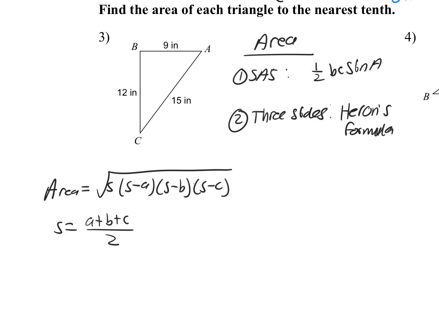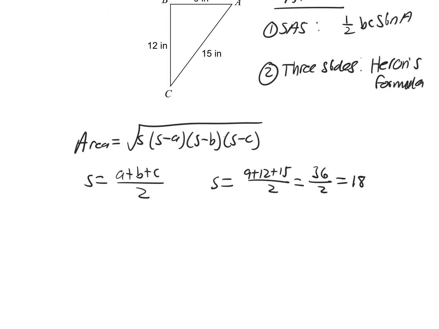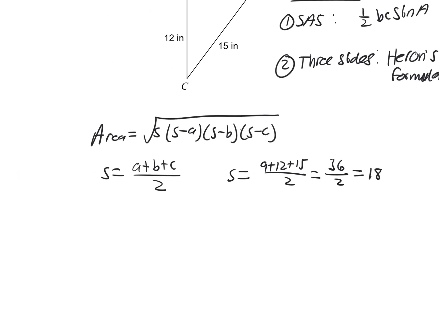So I'm going to find s, which is going to be 9 plus 12 plus 15 over 2, which is 36 over 2, which is 18. All right. Now that we have our semi-perimeter, we can just plug this into our formula to find the area.